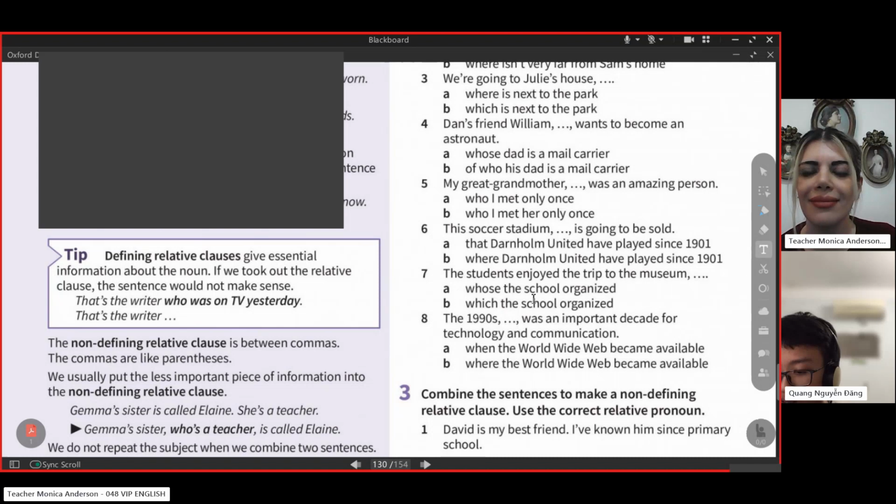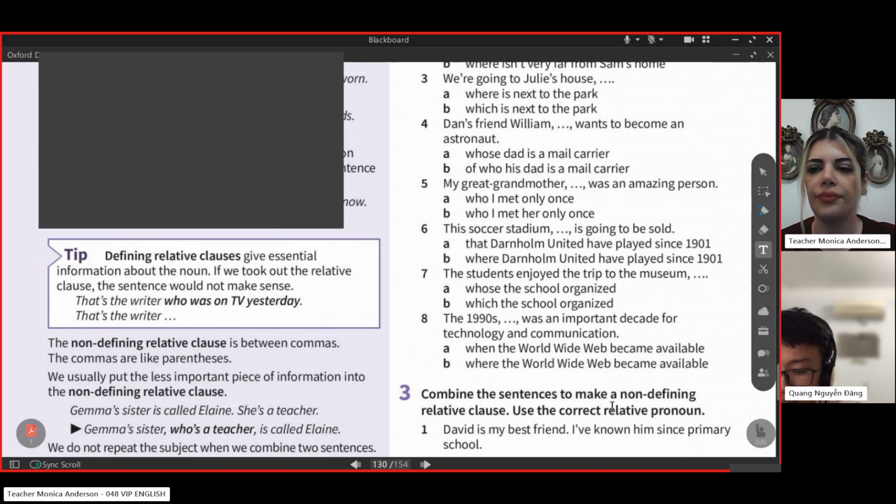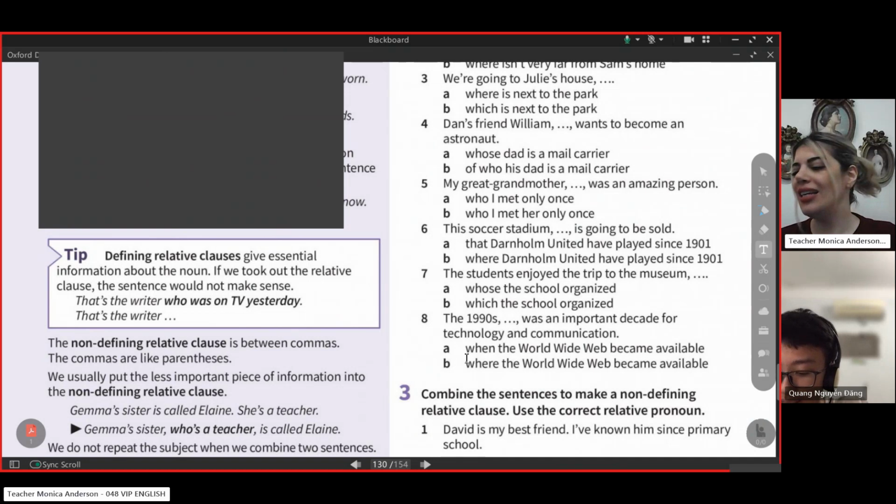The students enjoyed the trip to the museum, which the school organized. Of course, which, because we're talking about the trip, something. And number eight, in the 1990s, A, when the World Wide Web. Of course, when. Pay attention.